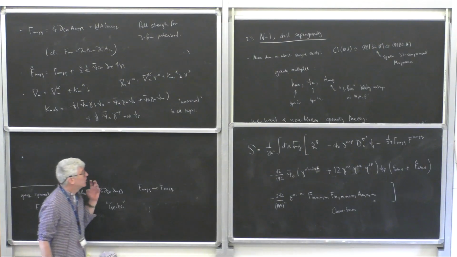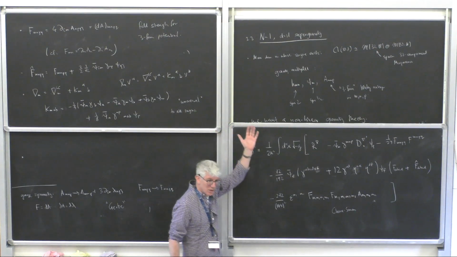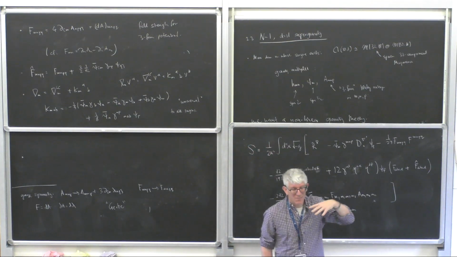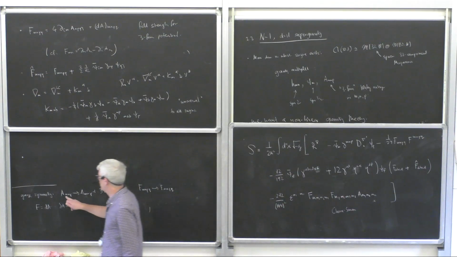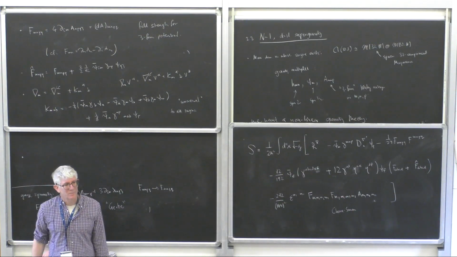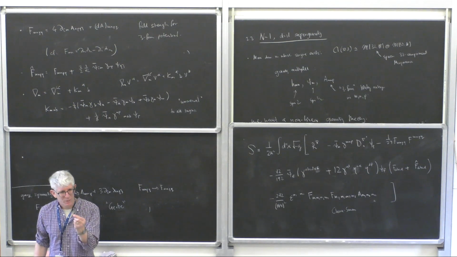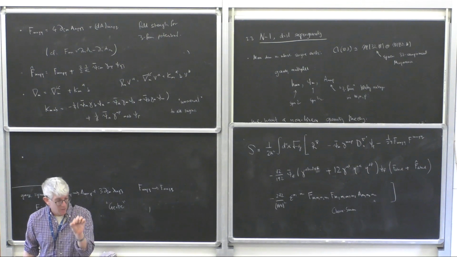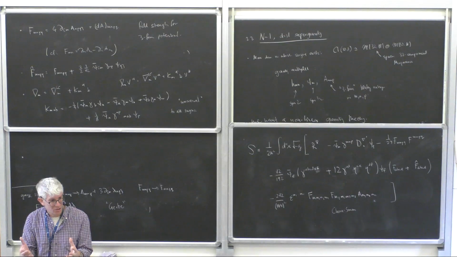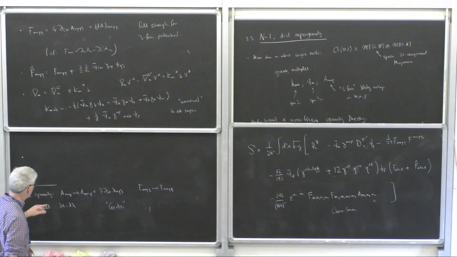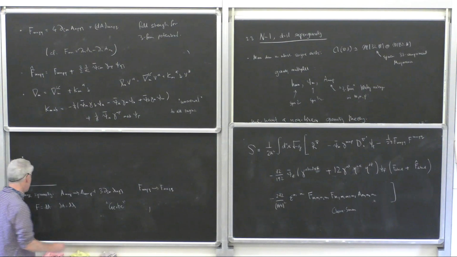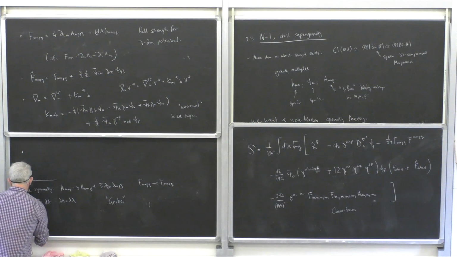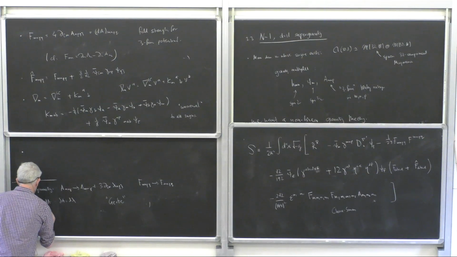M theory, whose low energy theory this is, has in it membranes and 5-branes. So this 3-form potential naturally couples to a membrane, in the same way that a 1-form potential couples to a particle that carries U(1) charge. If you have some charge for this 4-form, it's going to be an extended object, which is a membrane. So this couples to a membrane.